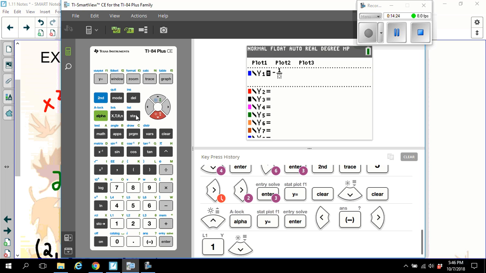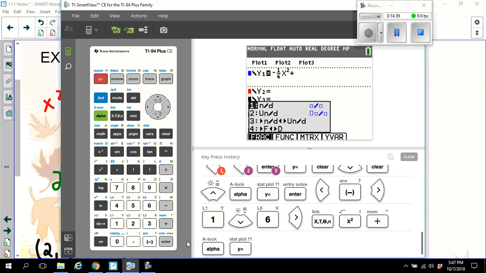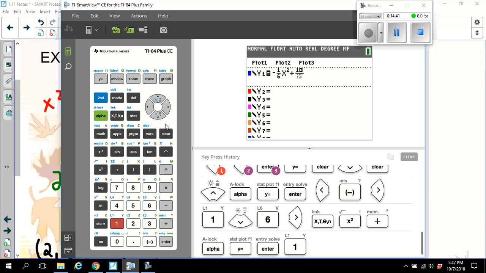So I put 1 over 6, and then right arrow over, and then I do x squared. Then I'll have the plus 1/6, so plus, and then once again I do alpha y equals. Do number 1 for a fraction, have 1, down arrow to put your 6 in. Now down arrow to y2 so we can do the other one.